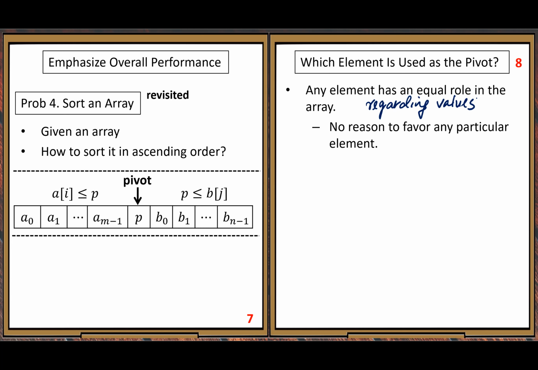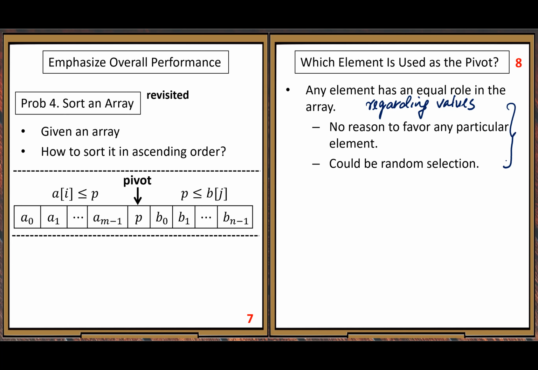For different elements in the array, we may have different convenience. Convenience, what's that? Let me explain that convenience factor. So that's our first round understanding.